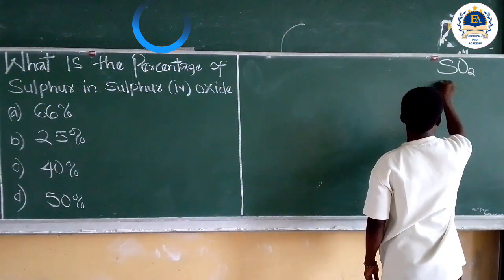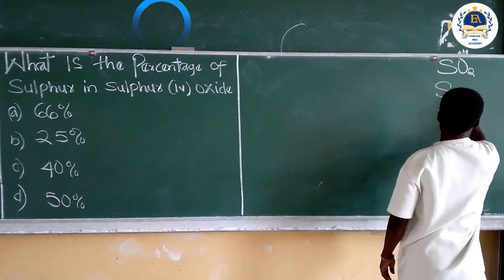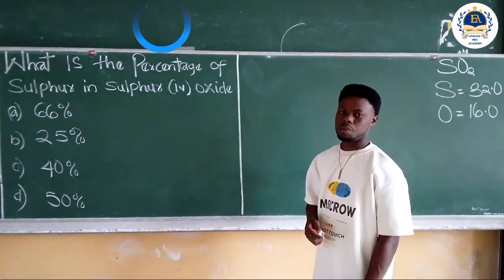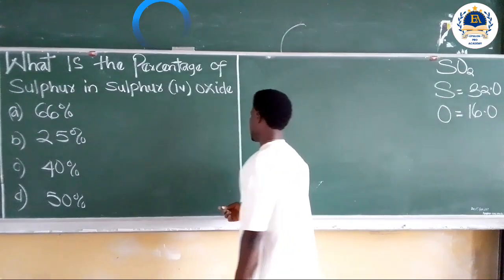SO2, where the atomic mass of sulfur is equal to 32.0.